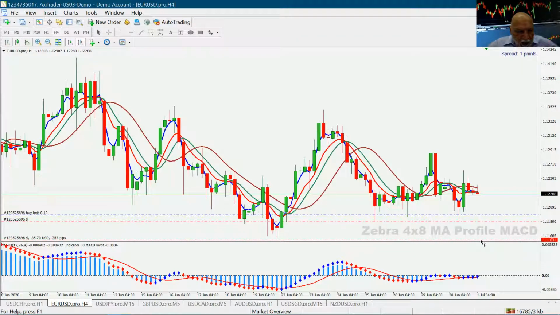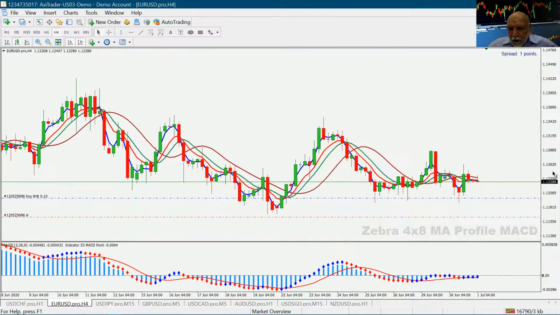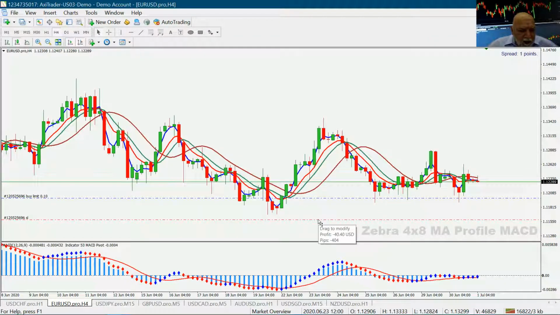I can see on this side how many pips my stop is. We want to go to 40, and that's about it. If I'm wrong, I lose 40 pips.